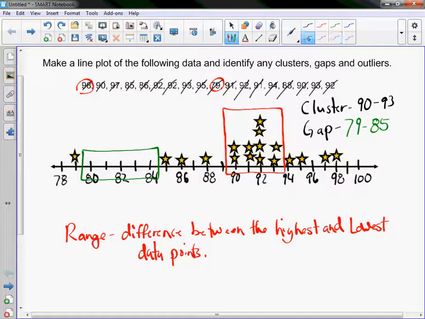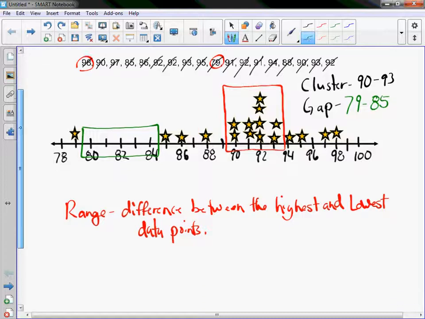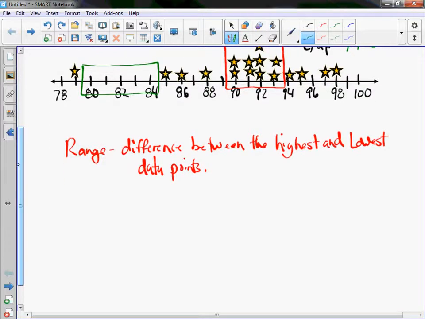And then outliers. Is there some number that falls way outside the group of others? If we go down and talk about range right now, this is an appropriate time. The range of this data is from 79 to 98, or 19.